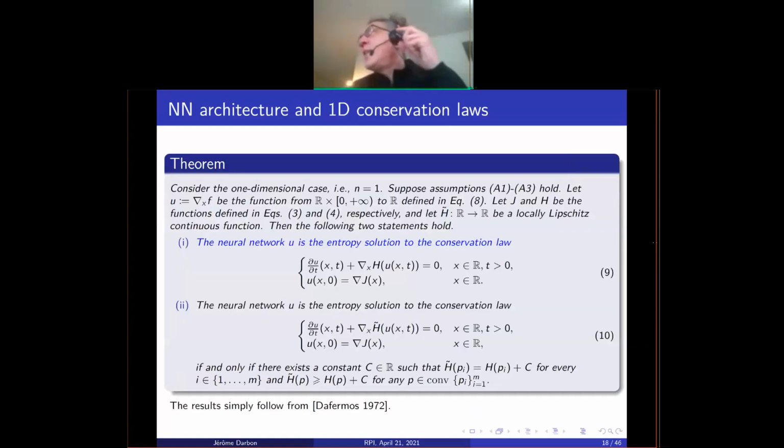You can have an analog of the previous results that works for dimension 1, and that gives you a connection with the 1D conservation law, and you can show that this neural network is actually the unique entropy solution of the following conservation law. And as before, the flux that you have here, given by the gradient of H, is not unique.